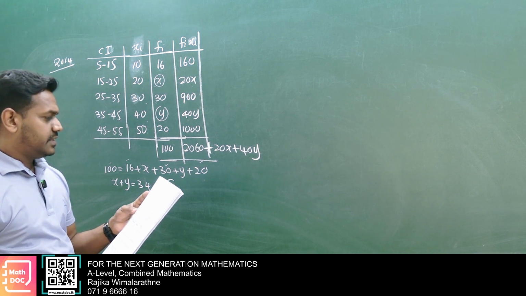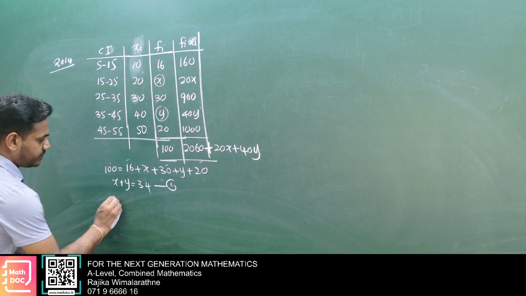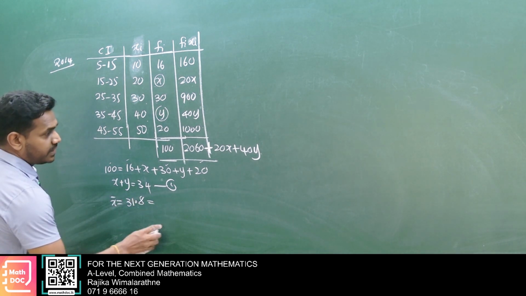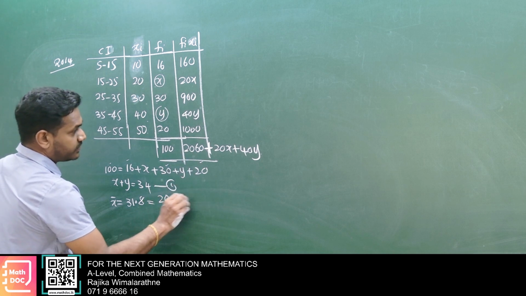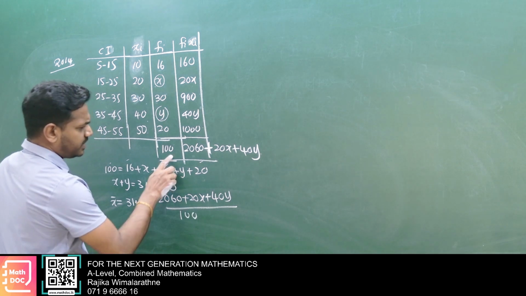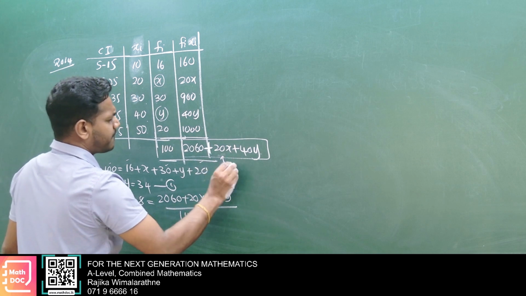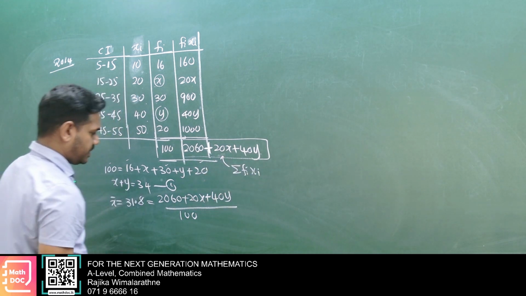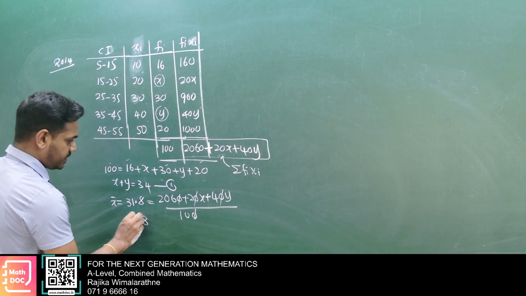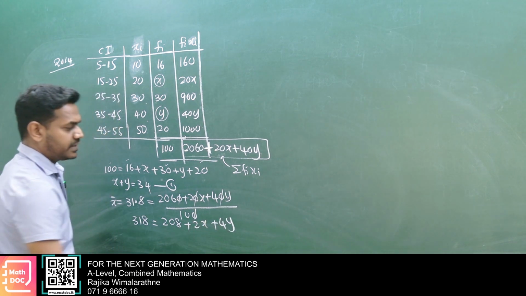Now given the mean of the distribution is 31.8. Therefore write the mean formula: 31.8 equals 2060 plus 20x plus 40y divided by 100. Here sigma fi xi. Now simplify: 3180, 2080, 2x plus 4y.